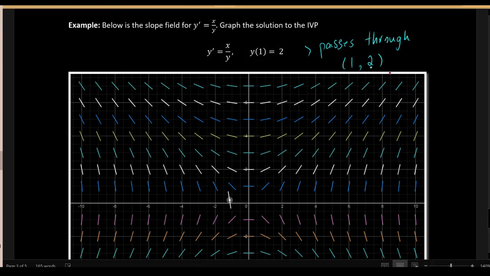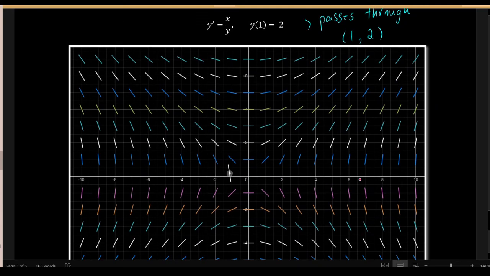So what I'm going to do is go into this Desmos graph, find the location (1, 2), drop a leaf at that location, and see where the current takes us. So (1, 2) in this picture would be located right here.